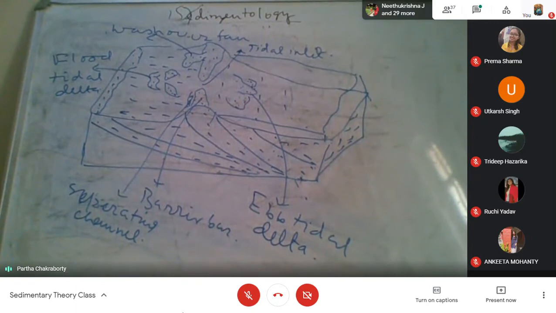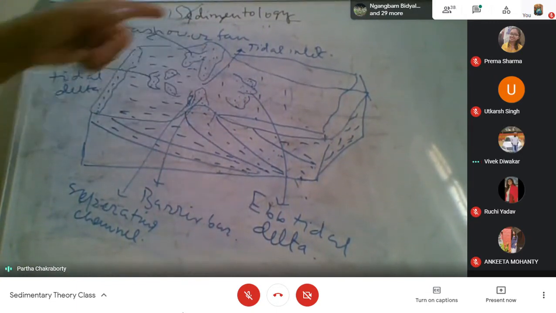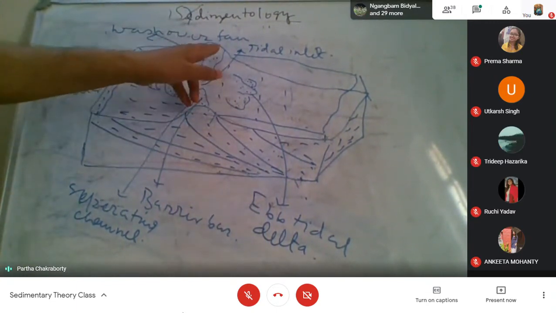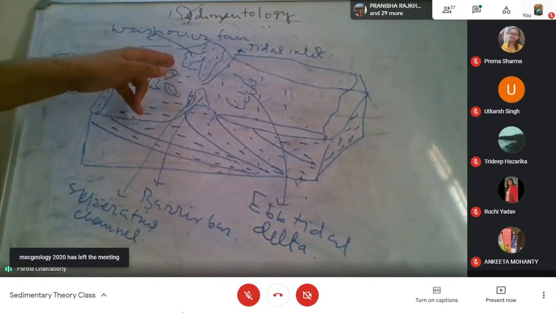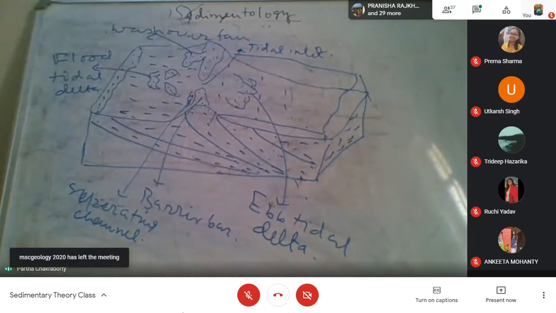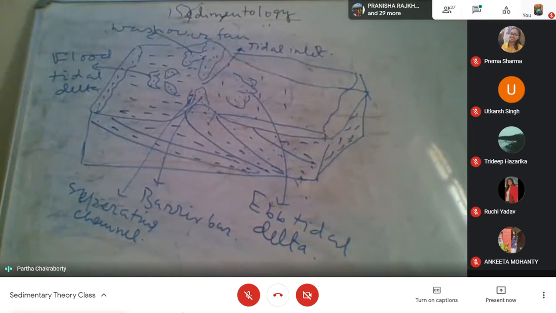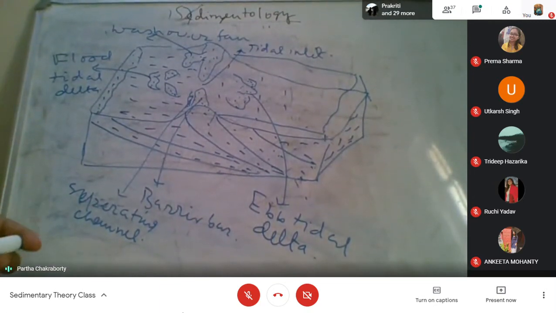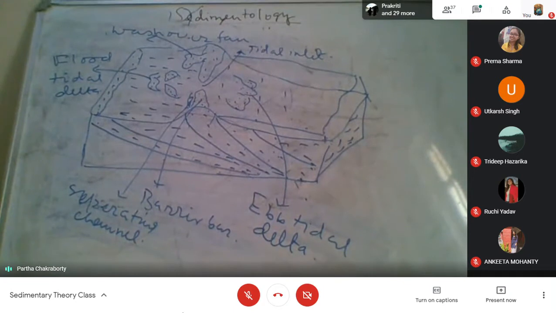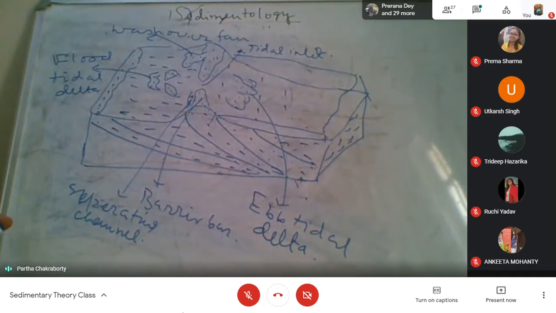During a storm, the barrier bar may be reworked, and the sediment from the barrier bar can be supplied to the back lagoon in the form of a washover fan. What is a washover fan? It is the washing of the barrier bar and supplying its material into the adjacent lagoon.